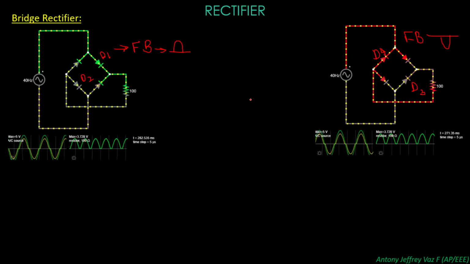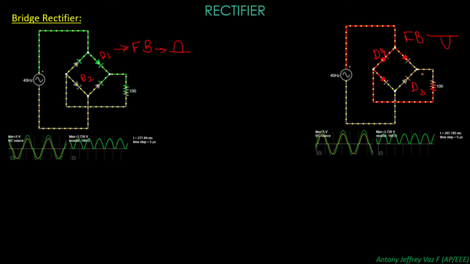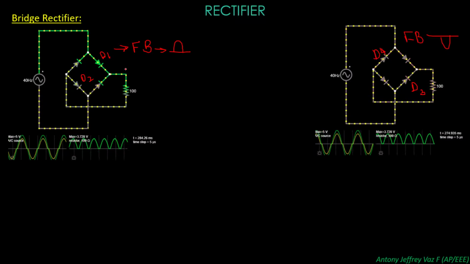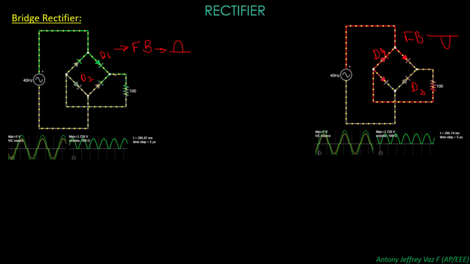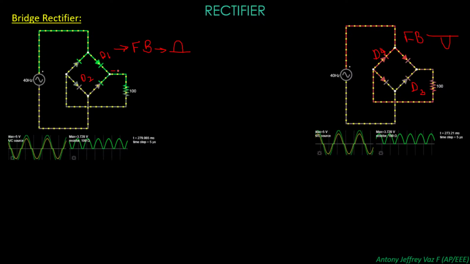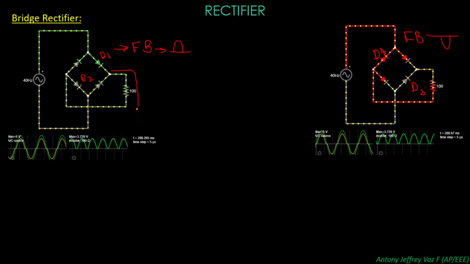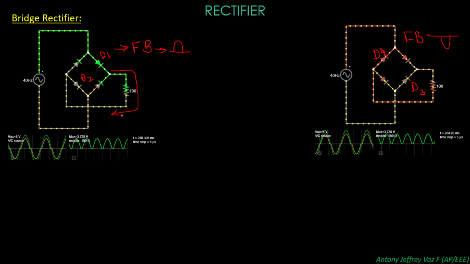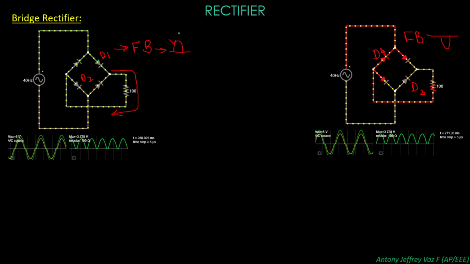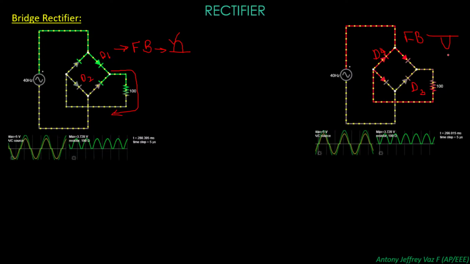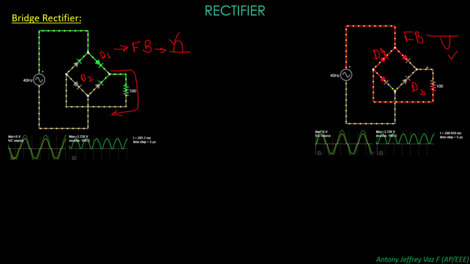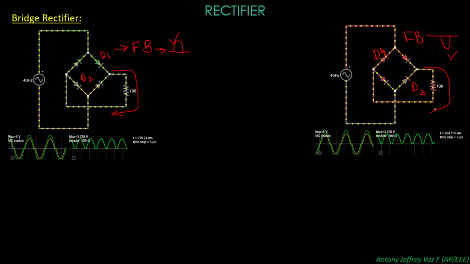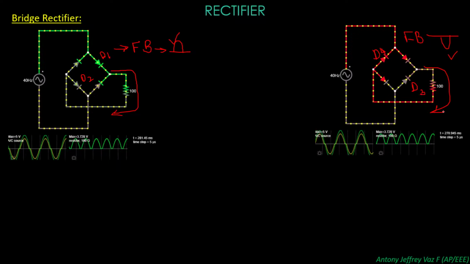So you need to check the current direction. In the positive peak, the current starts to flow through this resistor in this position when there is a positive end. Similarly, for the negative end of the sine wave, you have to see the current is in this position only. It is again going through this only.